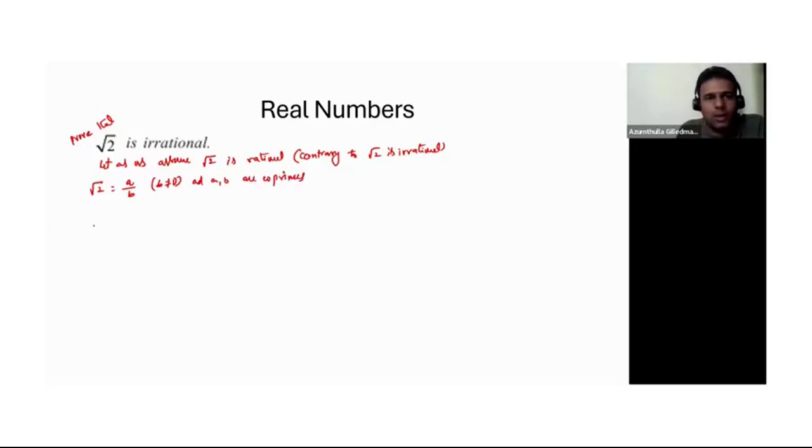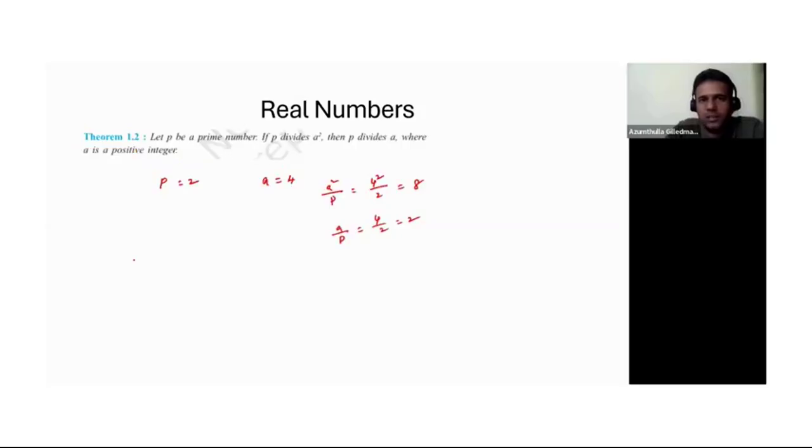Now, can I write this as root 2 b equal to a? If I square on both sides, I can write 2b square equal to a square. So b square is a square by 2. That means 2 is dividing a square. If 2 divides a square, 2 should divide a as well, as per the theorem we just learned: if p is a prime number and p divides a square, then p also divides a.